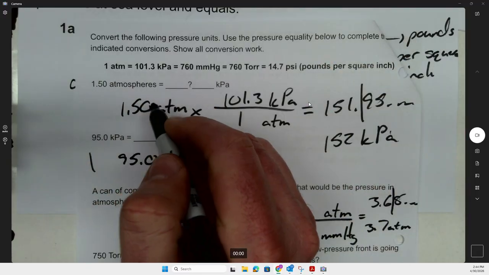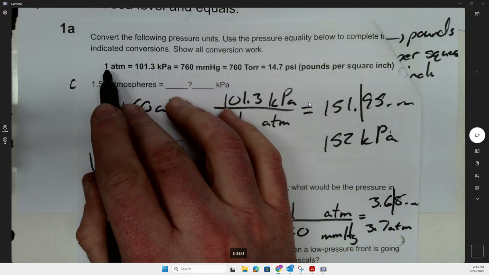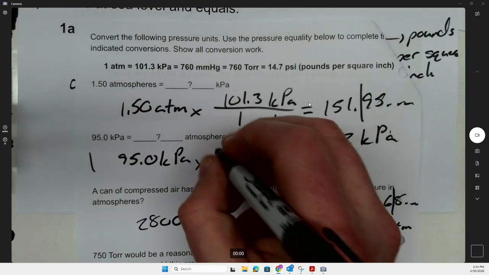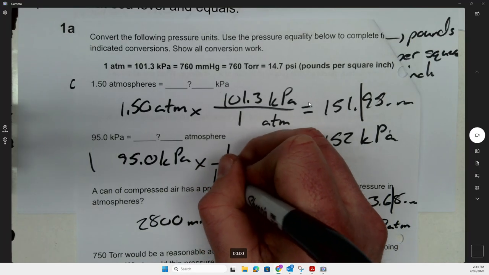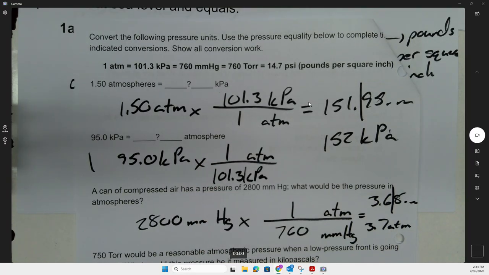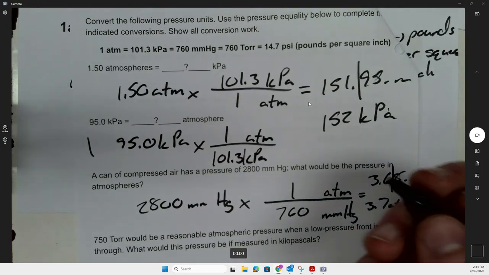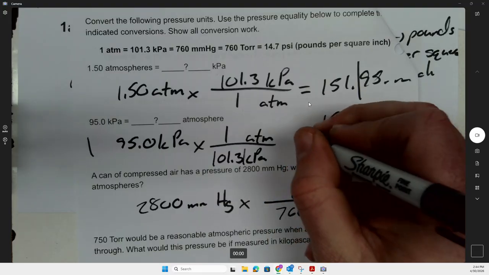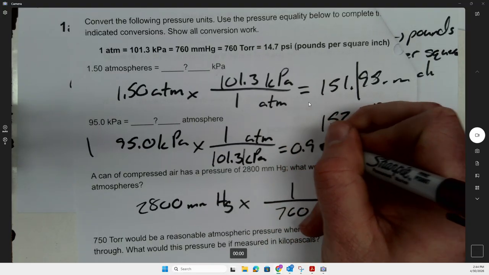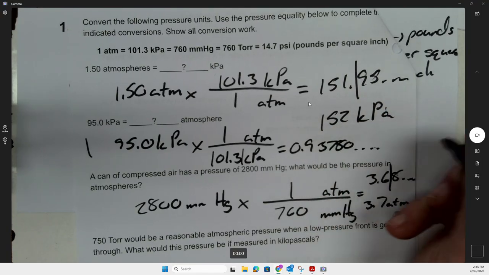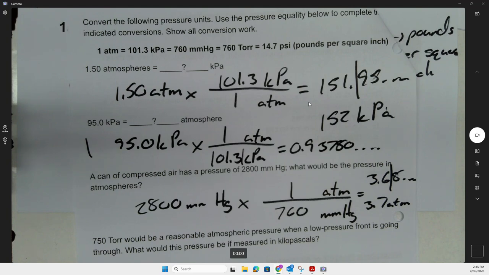So looking at my equalities, I see that 1 atmosphere equals 101.3 kilopascals. I do my math. 95 times 1 is going to be 95. Divide that by 101.3. I'm going to get some long number, 0.93780, blah, blah, blah, a bunch of stuff I don't care about.